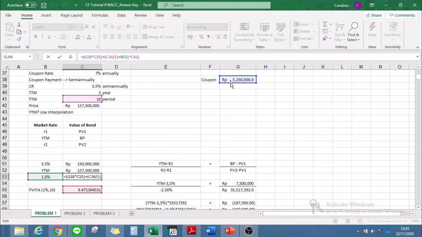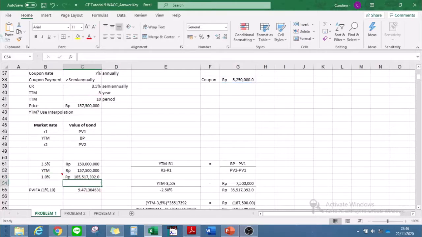So this is the coupon, and then you calculate the PVIFA, or present value interest factor annuity, and then you add the present value of the par value, which can be found by dividing the par value by 1 plus r, which in this case is 1%, to the power of 10.